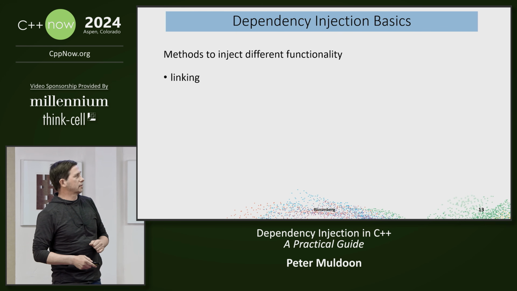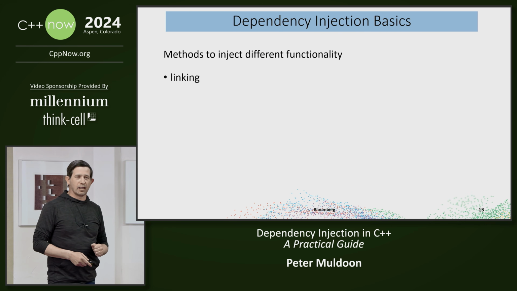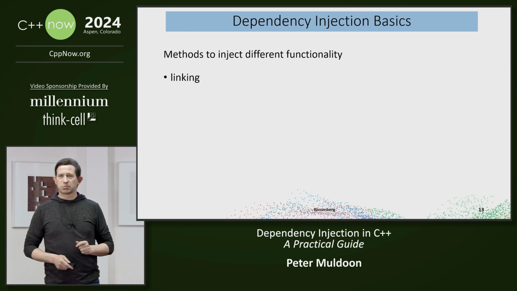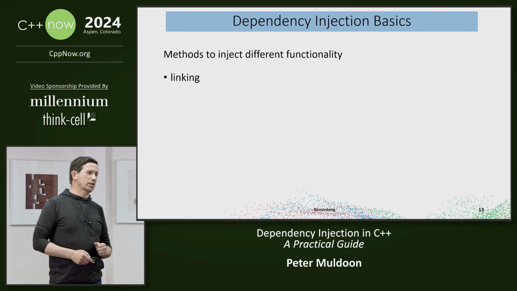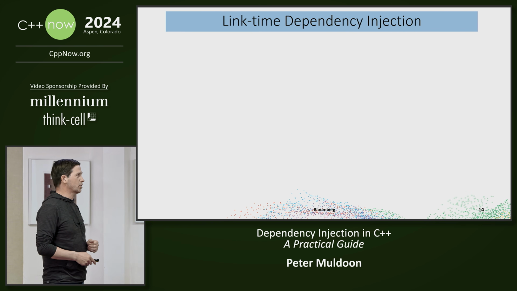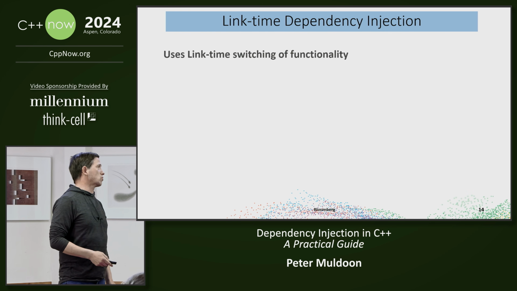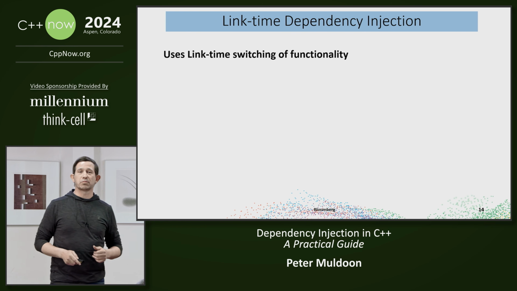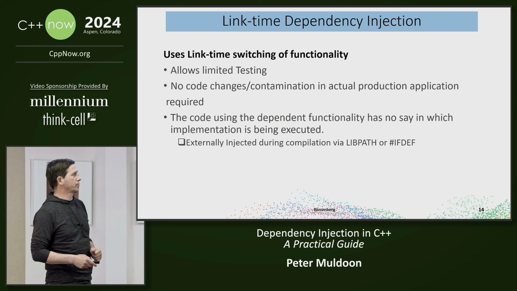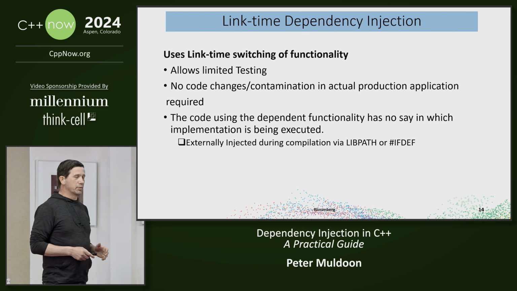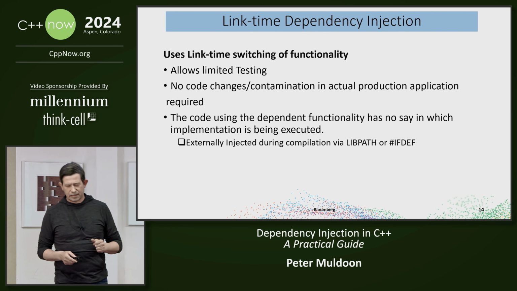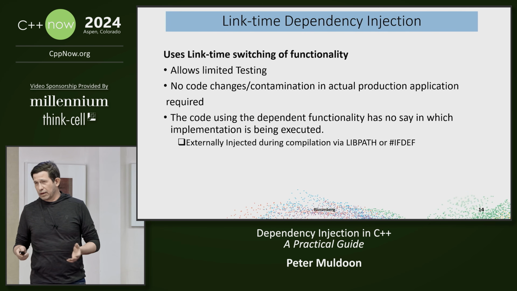Ways to inject different functionality: your granddaddy's way of doing it was at link time. Using link time dependency injection, and that's a lot of what I found in the code base I'm working in, you use link time to switch in different functionality. That allows you some limited testing, but it has the advantage that you don't have to do anything to your code base.